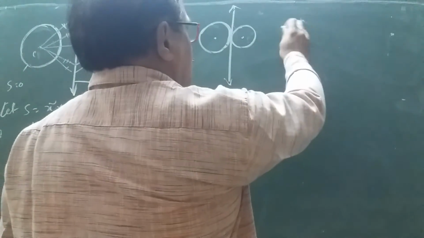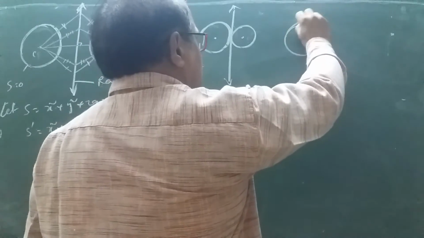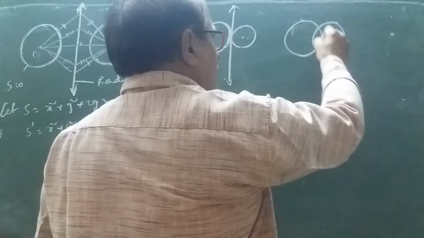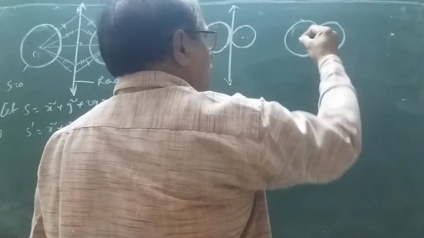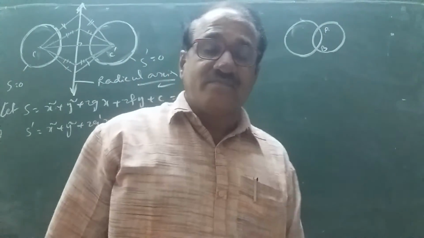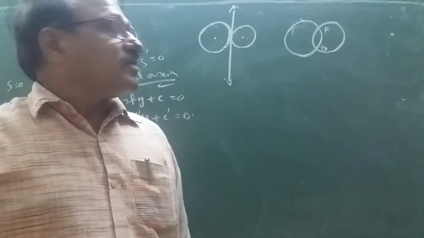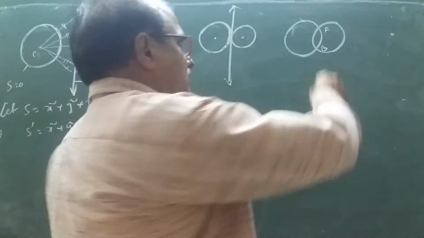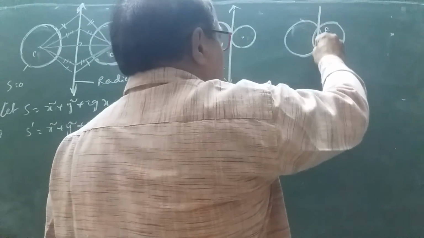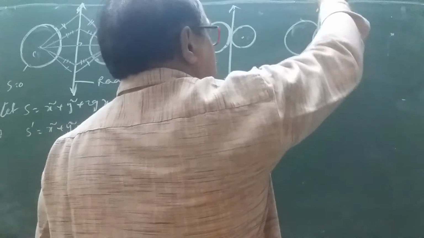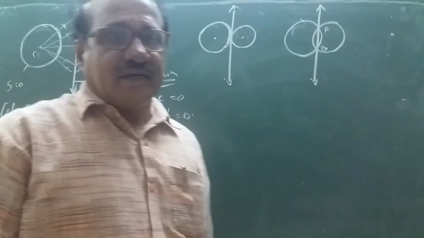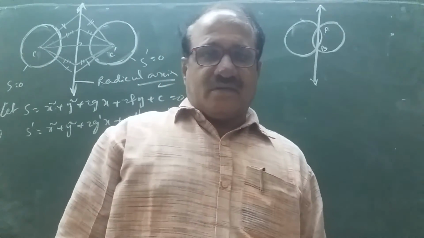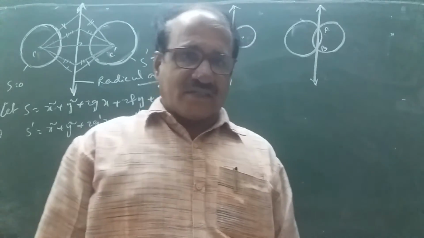In another case, if two circles intersect each other at two distinct points, let A, B, then what will be the radical axis? It is the common chord of the given two circles.